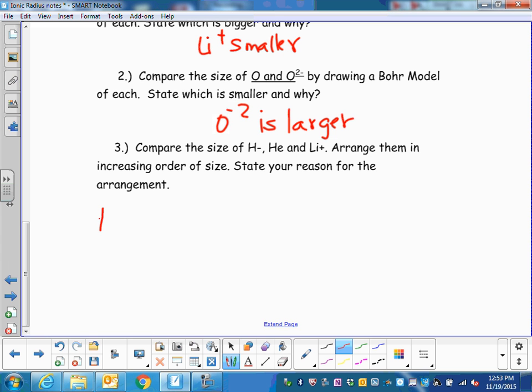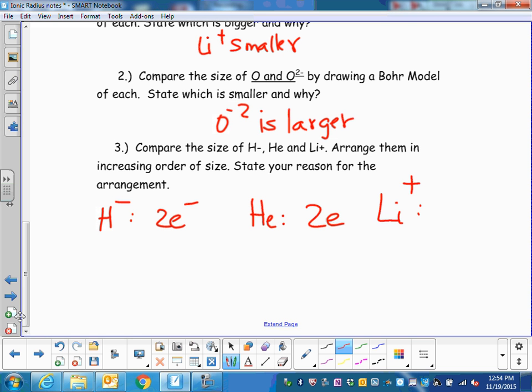Hydrogen becomes hydrogen minus. So how many electrons does it have? 2. 2 electrons. Helium has how many electrons when it's neutral? 2 electrons. Lithium plus. If it's just lithium, it's 3.